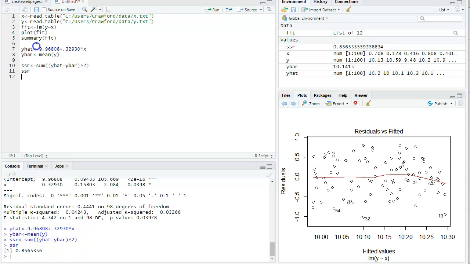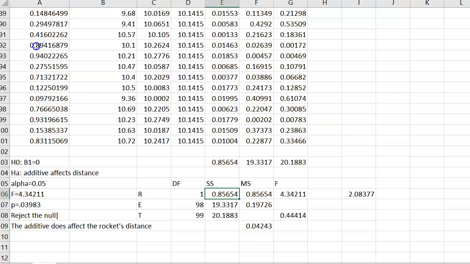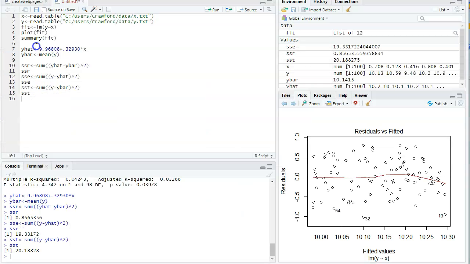What is my SSR? 0.85653, the same answer that we were getting before. And same for doing the SSE piece here and SST.